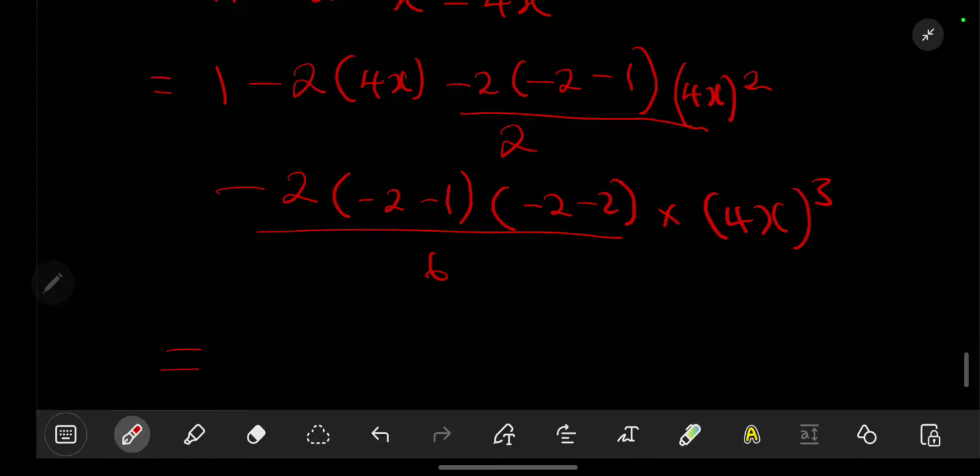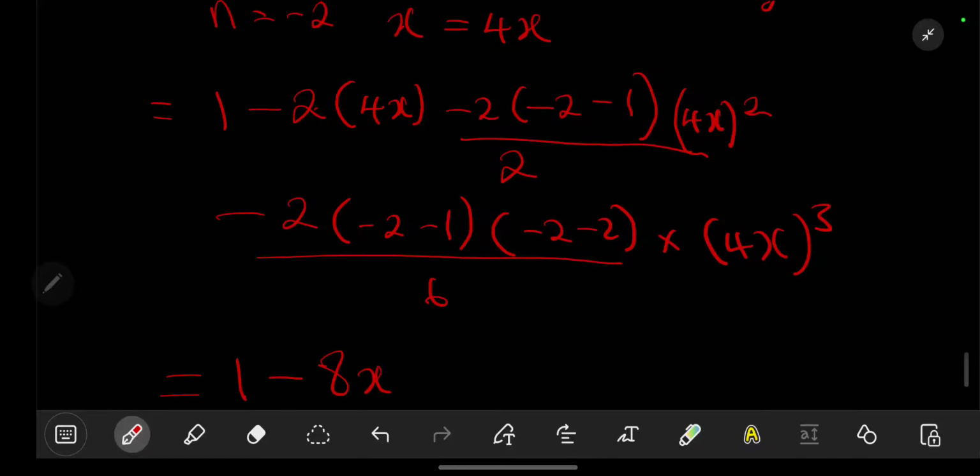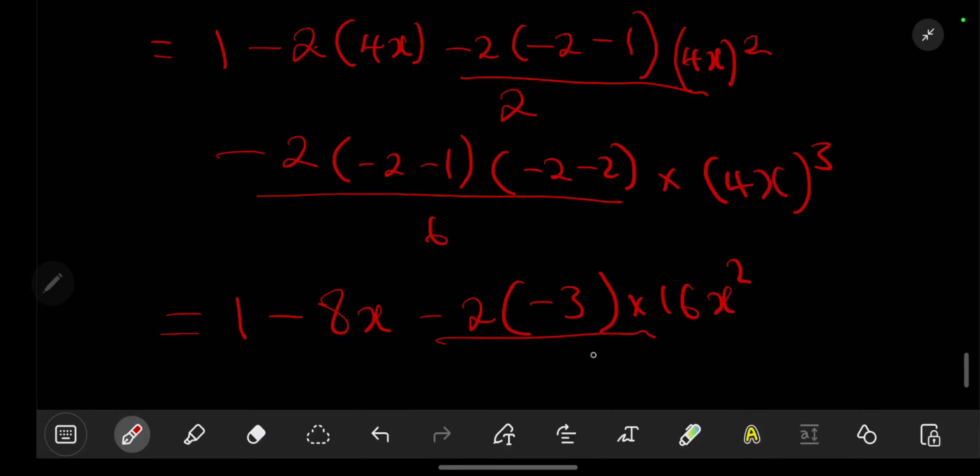So to finally give our final answer, we are going to have 1 minus 2 times 4x, which will be 8x, like that. Then we have minus 2 times negative 3, 4 squared is 16, x squared over 2, like that.